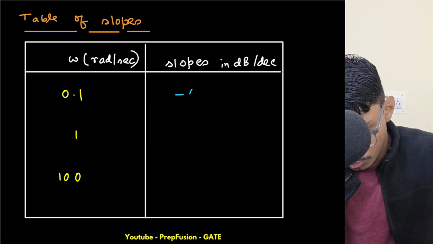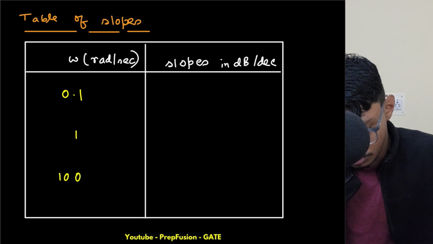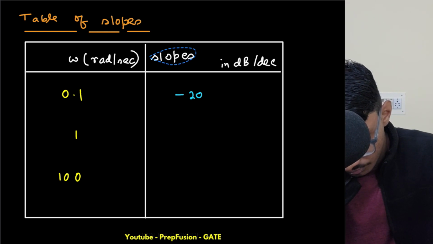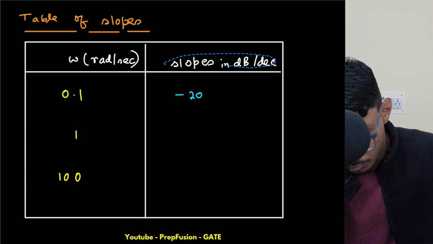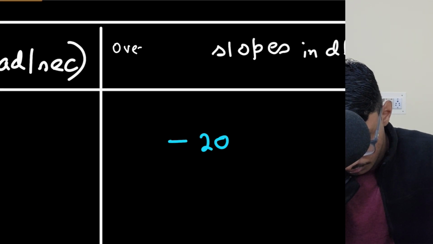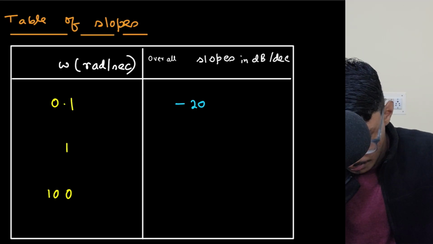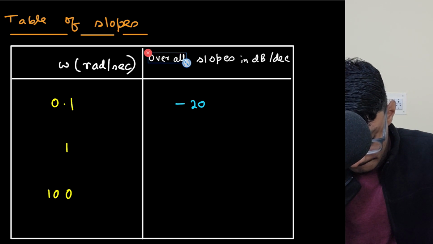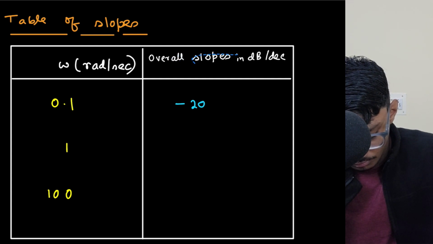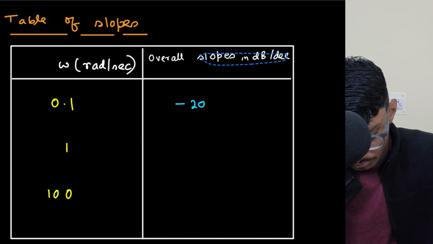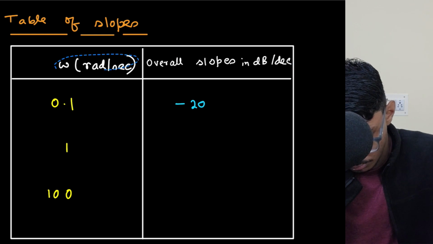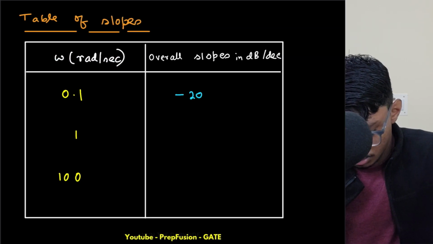So the overall slope, I should write this as the overall slope of Bode plot. Okay, now like this is 0.1.